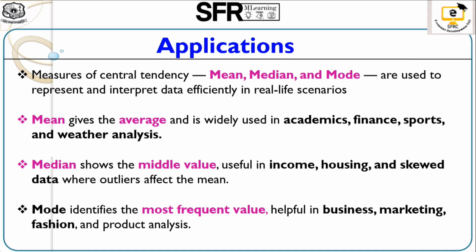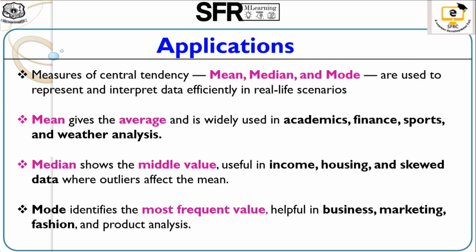We explored three key measures of central tendency: mean, median and mode. Each of these helps us summarize a large set of data into a single meaningful value. The mean gives the average, useful for balanced data. Median shows a middle value, ideal when data has outliers.